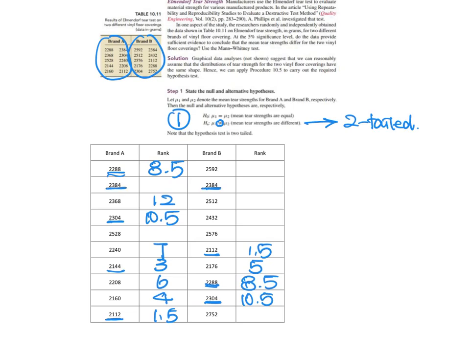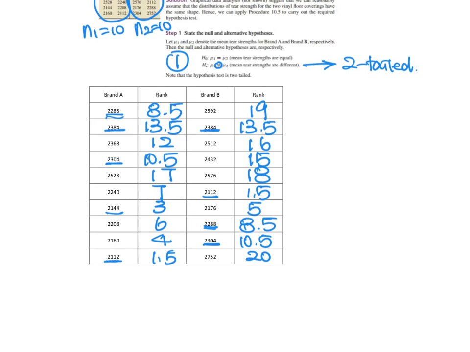They must be rank 13, 14, so the average will be 13.5 and 13.5. And the next ranks will be 15, 16, 17, 18, 19, and the biggest one is 20. So we have n1 equal to 10, n2 equal to 10, so in total we have 20 observations.